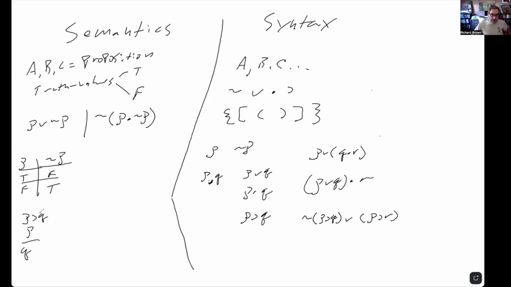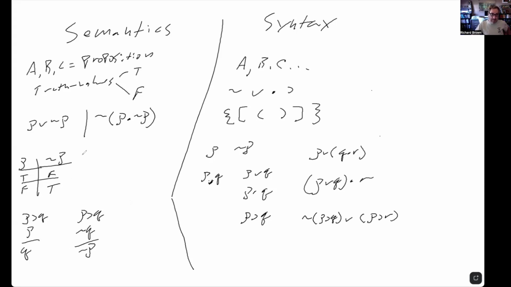If you know that P horseshoe Q and you also know that P is true, then you're allowed to infer that Q. We looked at modus tollens, if you remember. And then we also had a couple of others, like, for example, disjunctive syllogism and hypothetical syllogism. And we'll be talking more about those in just a second. But we said that these were basic argument form patterns, which you could prove were valid using the truth table definitions of these operators that we have here.